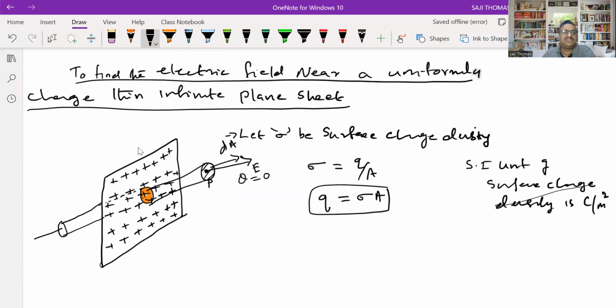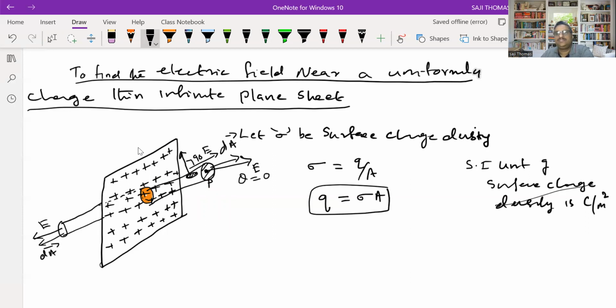Consider the other surface also. The electric field is in this way, along the normal to the area, same direction. When you consider a small area on the curved surface, the normal is in this way, and the direction of the electric field is at 90 degrees. The angle between E and dA over the curved surface is 90 degrees.